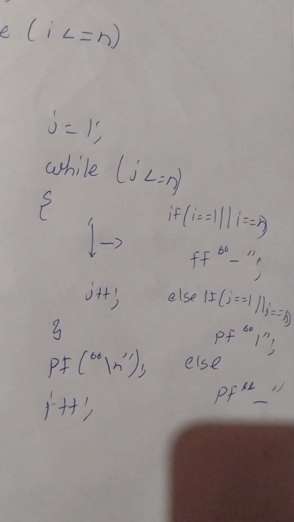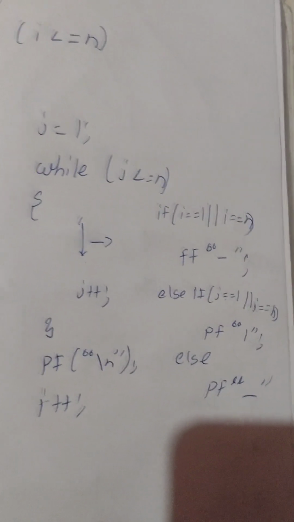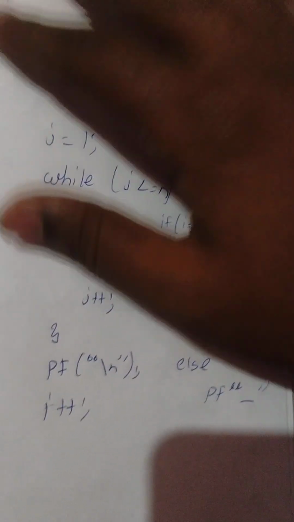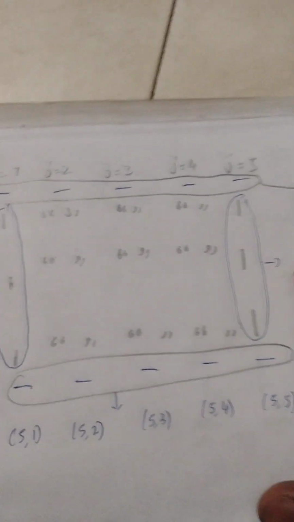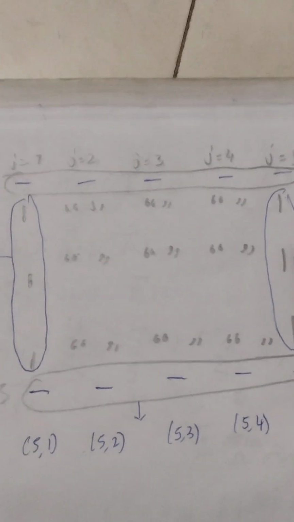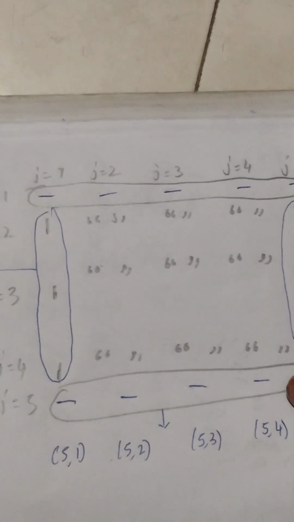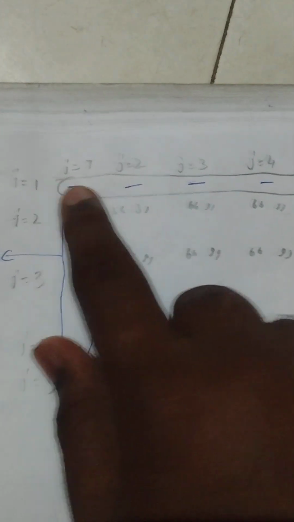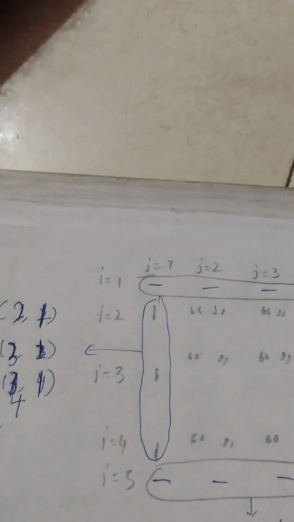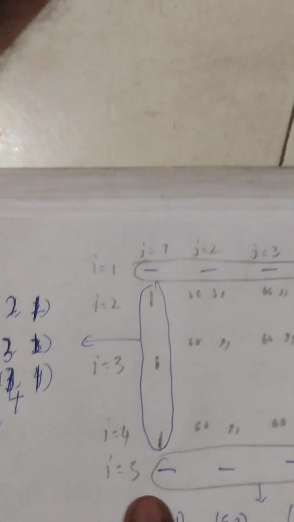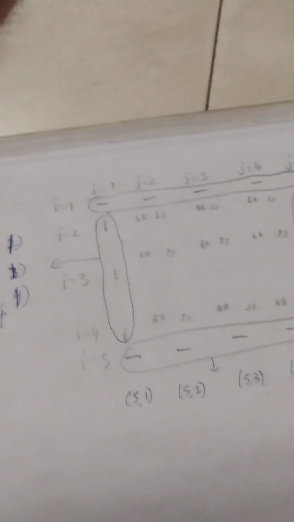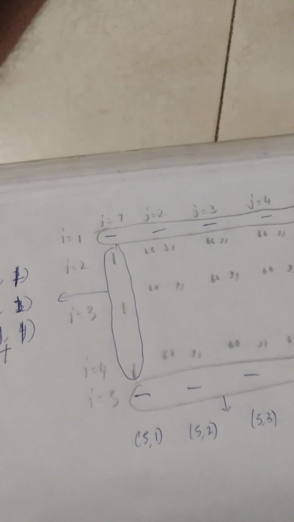If you check closely, if i is equal to 1, this gets printed, dashes get printed. This represents i, right? So if i was 5, dashes get printed. So that's how the dash gets printed.